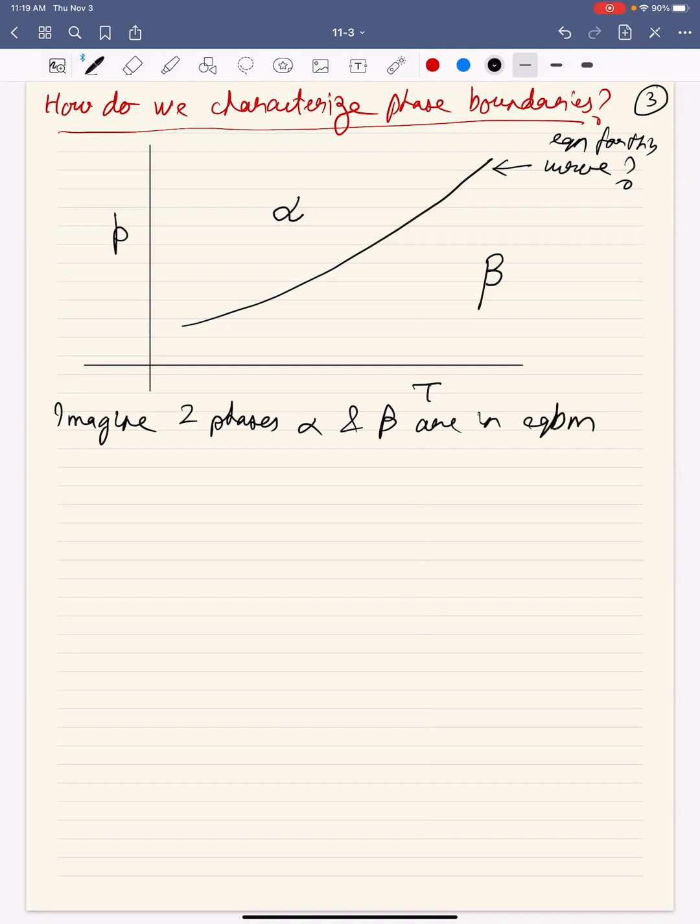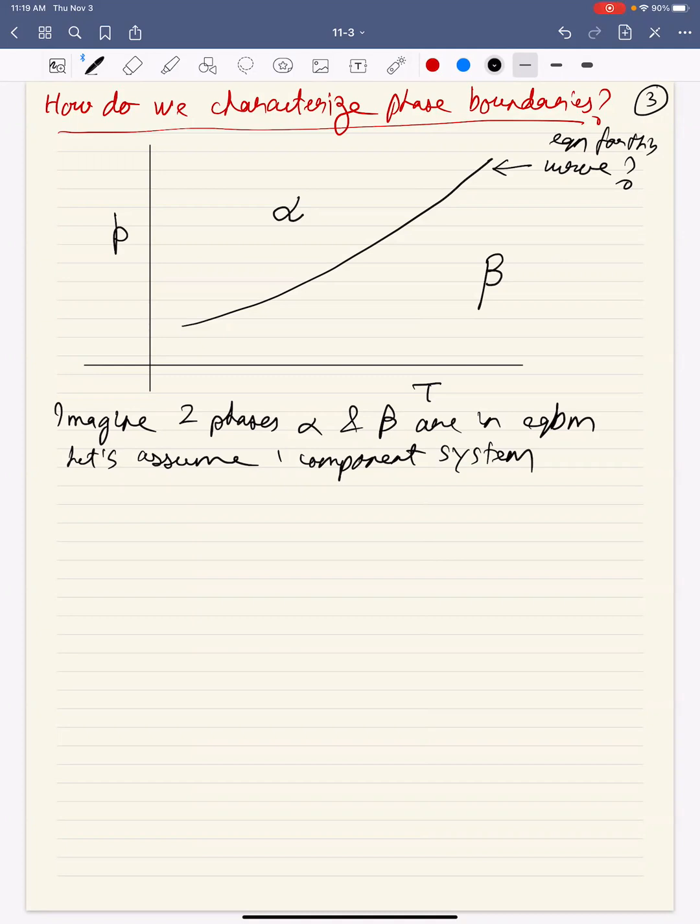And it's a multi-component system, but let's just focus on one component. You can do everything for other components, one at a time. So let's assume a one component system. The argument really generalizes easily. Let's assume a one component system for the sake of clarity. So they are in equilibrium.